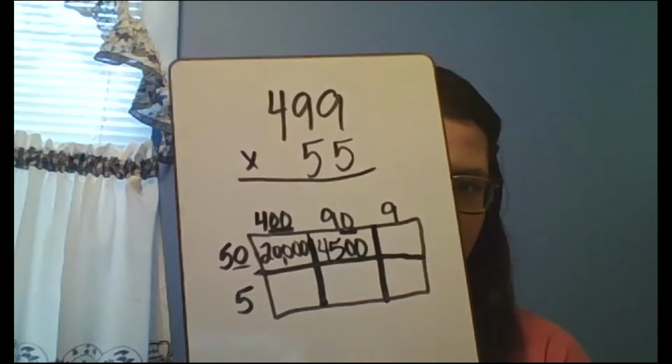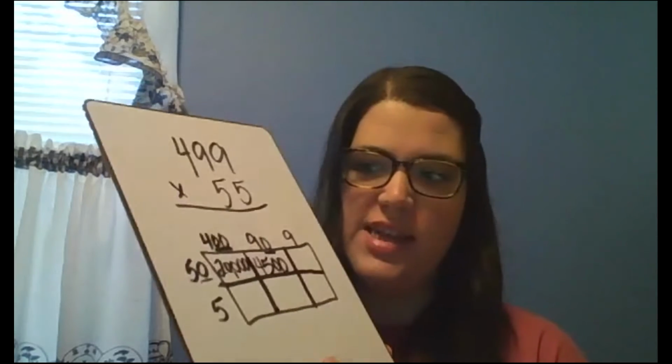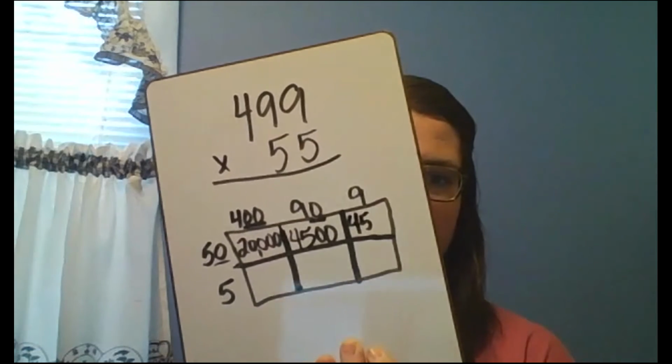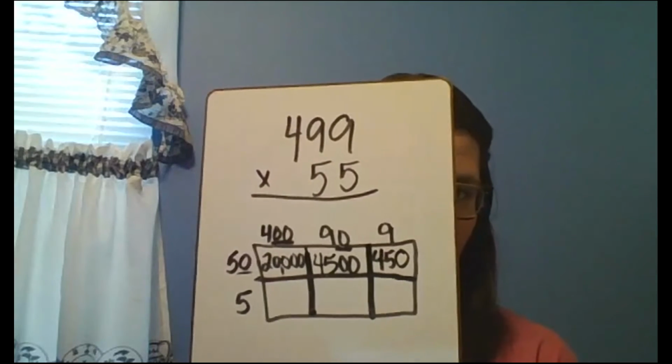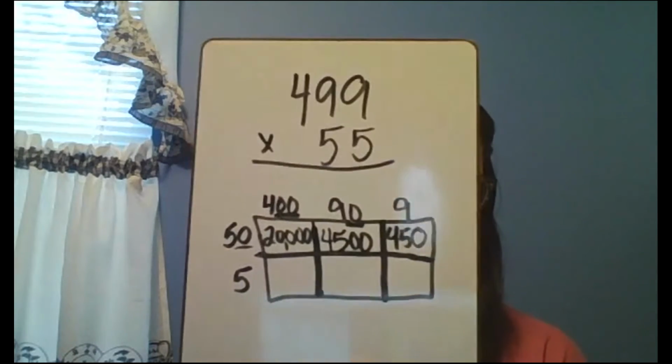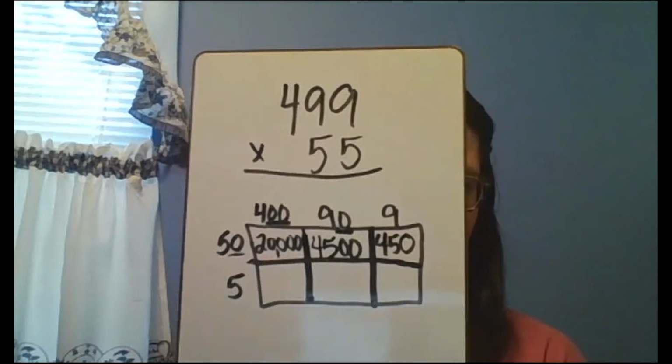Then we're going to do our last box on that row, and that one's going to be 50 times 9. We remember that 5 times 9 is 45, and we have 1 zero to add on the end from our 50. So 50 times 9 is 450. Now we're going to go to our bottom row and start in that first box.